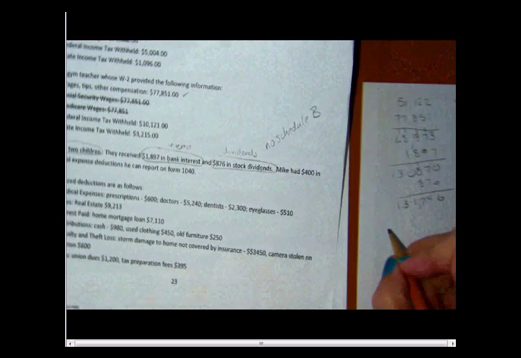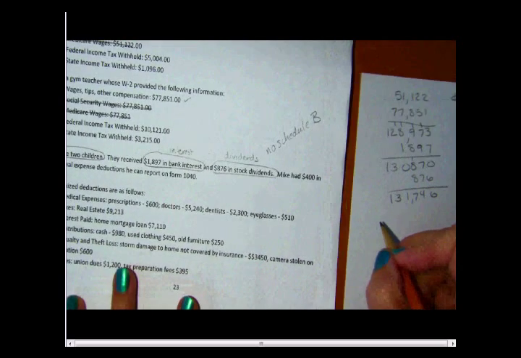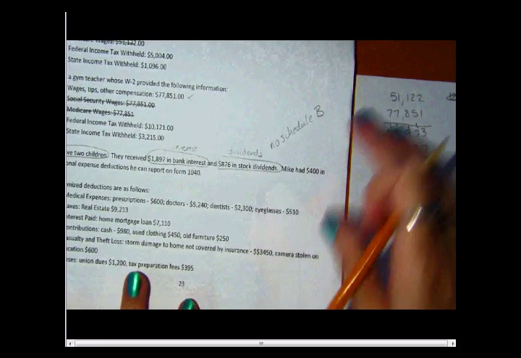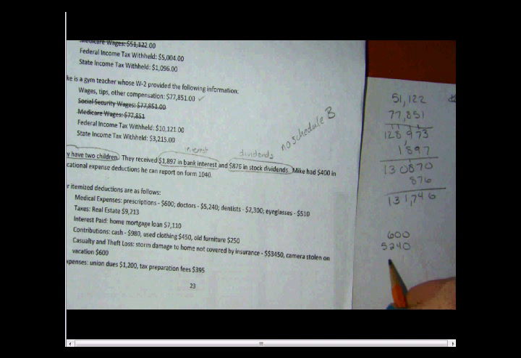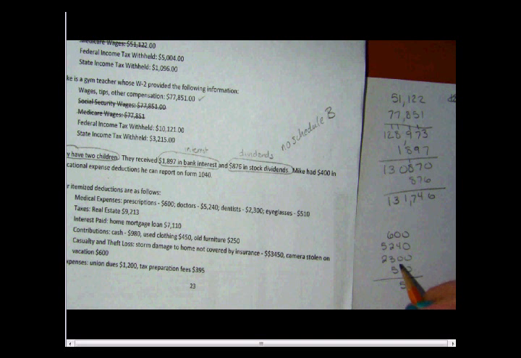So we're going to total those up. Sorry, I tried to fit all this on here. So 600, 5240, 2300, 510. So 8650.